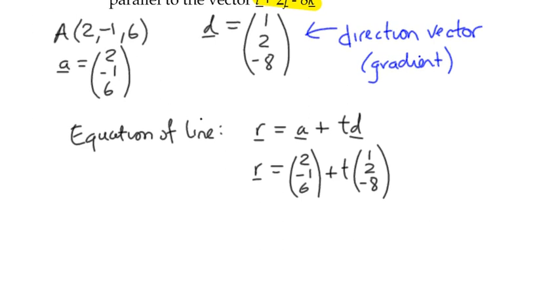Remembering that r really represents the position vector (x, y, z). Okay, you might see, certainly in textbooks, the vector form written in unit vector notation.